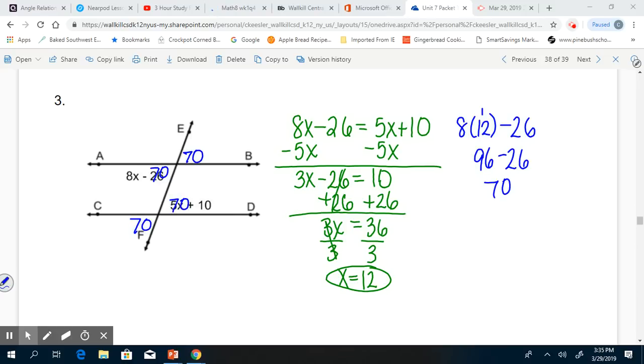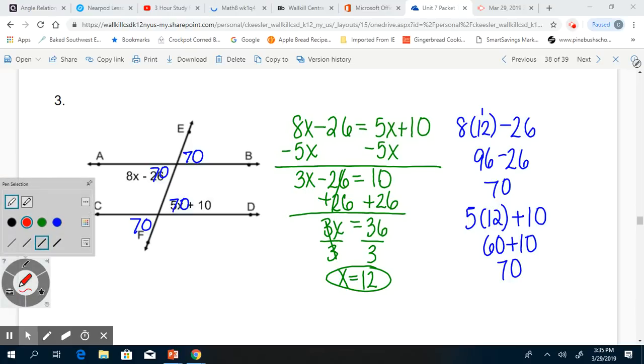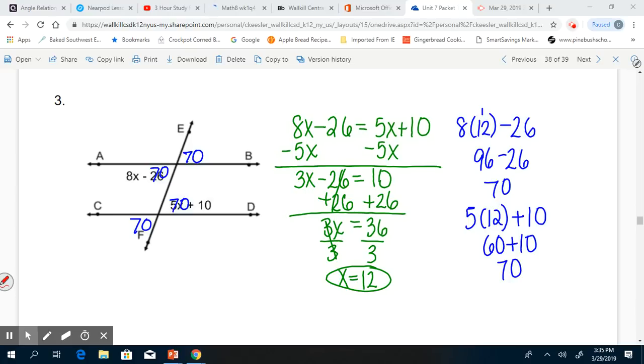So 5 times 12 plus 10 should also be 70. 5 times 12 is 60, and 60 plus 10 does make 70, so we did it correctly. Then we're going to get the supplements, the obtuse angles, by subtracting 70 from 180. And we get 110. So all of the obtuse angles are going to be 110 degrees.